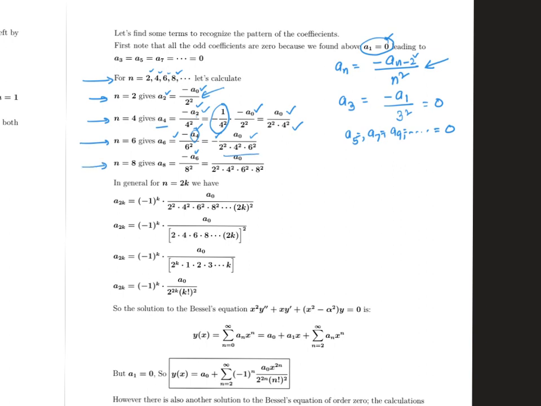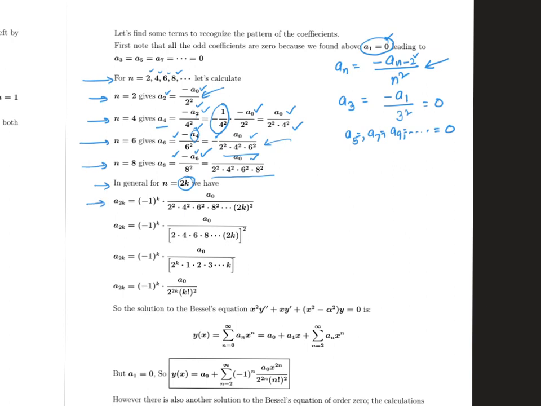And for n is equal to 8, a sub 8 is equal to negative a sub 6 over 8 square. Again, I'm going to substitute a sub 6, the value that I got right here, and that's going to give me a sub 0 over 2 square, 4 square, 6 square, and 8 square. Now, in general, if you're dealing with even n's, n is going to be 2k, right? k is 1, 2, 3, 4, etc.